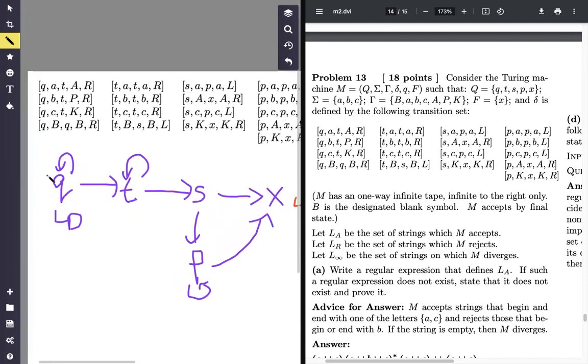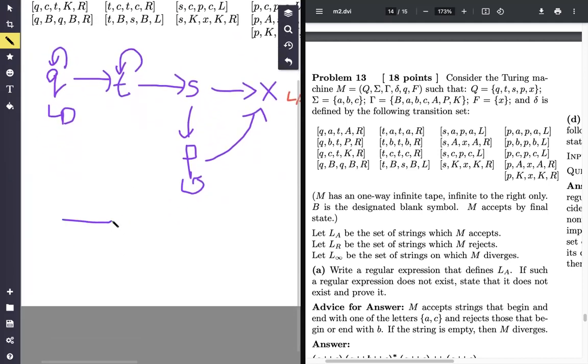So can we reject in state Q? Right, state Q, let's draw the rule. So going to the right is just anything in my alphabet and blank. And then going to the left is anything in my alphabet and a capital letter.